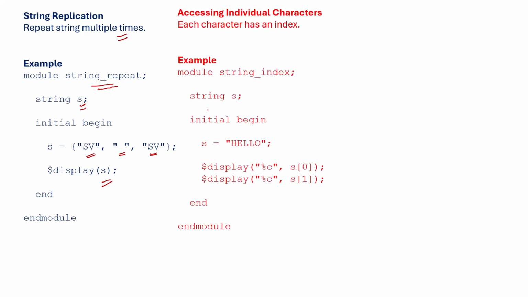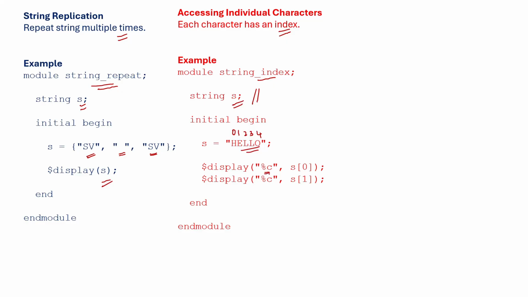Also you can access individual characters. Based on the index you can access the individual characters, like module string index. My string name is s here, and then initial begin hello. This hello is the string. H is the 0th index, e is the first index, l is the second index, and l is the third index, and o is the fourth index.